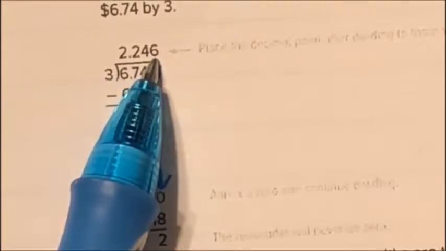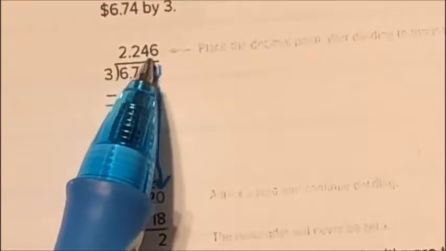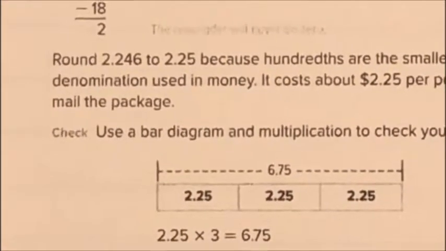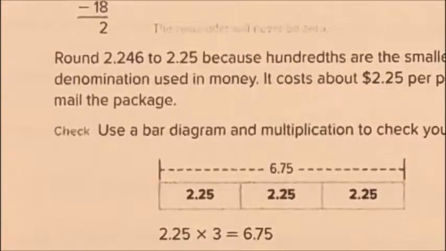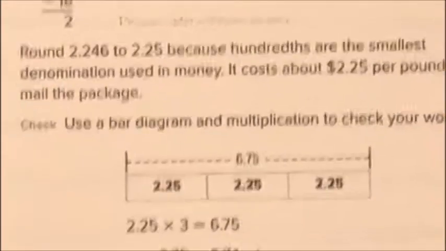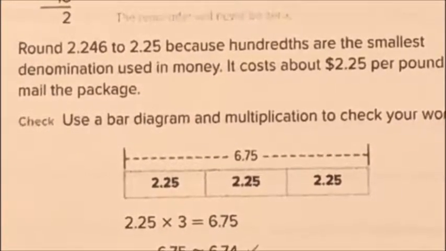The 6, remember, we talked about rounding earlier, tells me that I can bump up this 4, so this becomes a 5. So I can round 2.246 to 2.25 because hundredths are the smallest denomination used in money. So it costs about $2.25 per pound to mail the package.